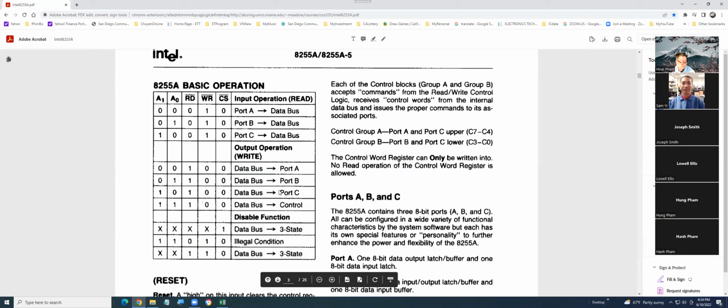Oh, Mr. Pham, you're talking about something like 0x89 from the past? Yes, 89. It tells you which way A, B, and C will go. It might say A goes out, B goes out, and half of C goes in and out. That means you set up inside the IC. So that's called the control word? Yeah, that's what they call a control word.